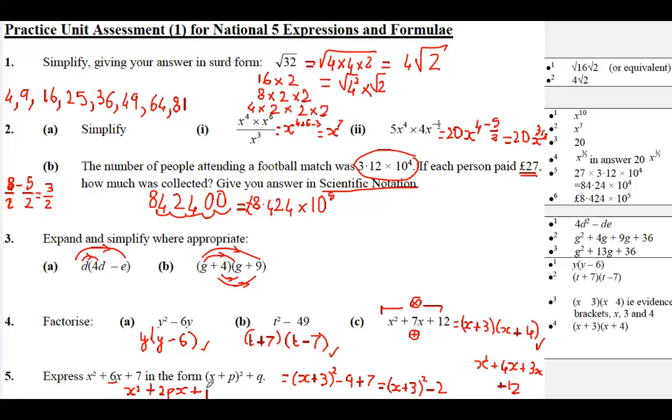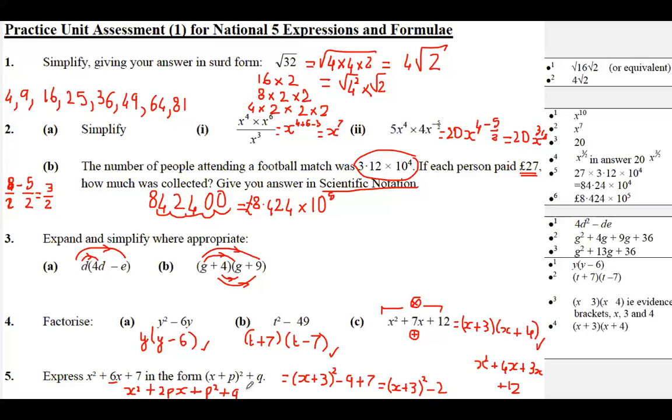Do you agree? I've just expanded, so (x plus p) squared is x times x, which is x squared, plus 2px, plus p squared, plus q.